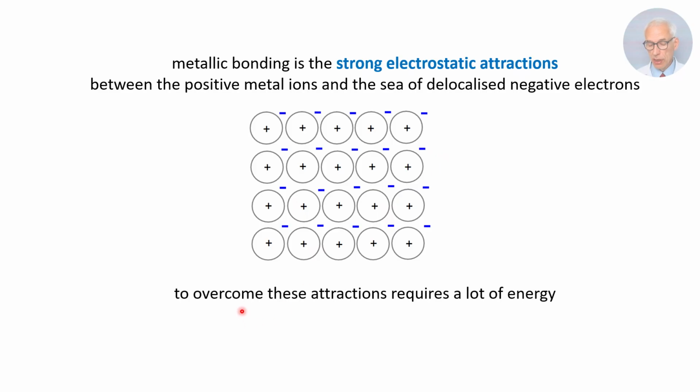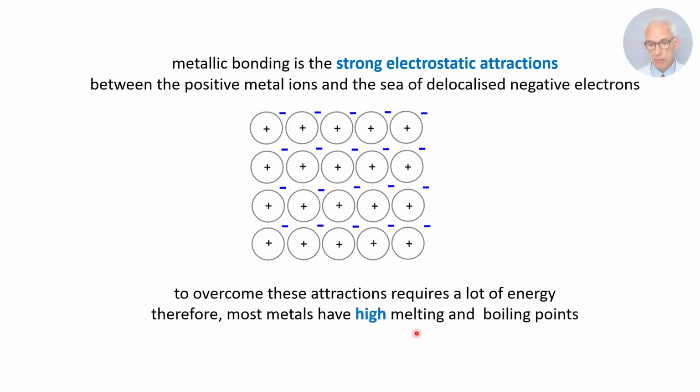And of course, those attractions are strong, and there's a great many of them. So that to break those attractions and to separate the metal particles, the metal ions, would require a great deal of energy. And hence, most metals have high melting and boiling points.